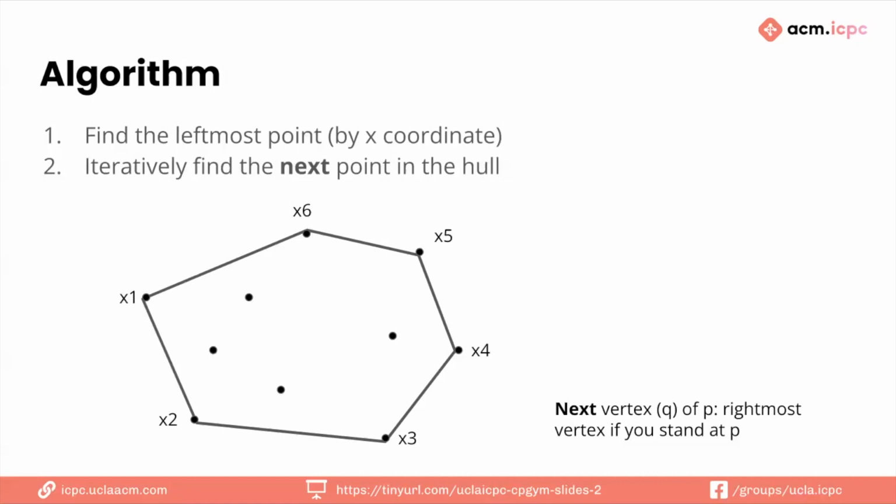And it turns out that it's also part of the convex hull. If you repeat that procedure several times, so you start with x1, you see that x2 is the rightmost, you add it, then you add x3, x4, x5, and so on. You will eventually get the convex hull.